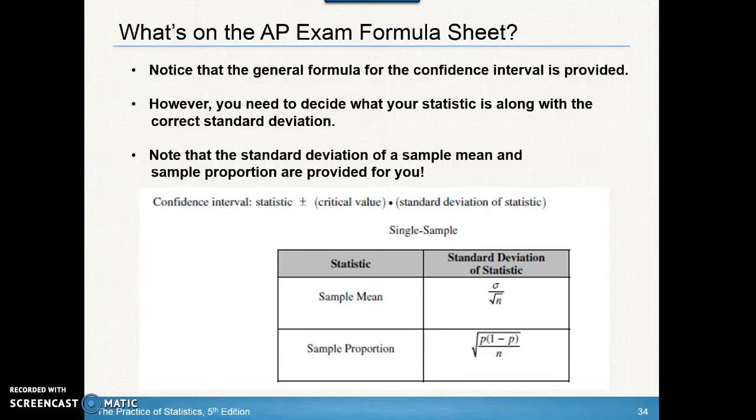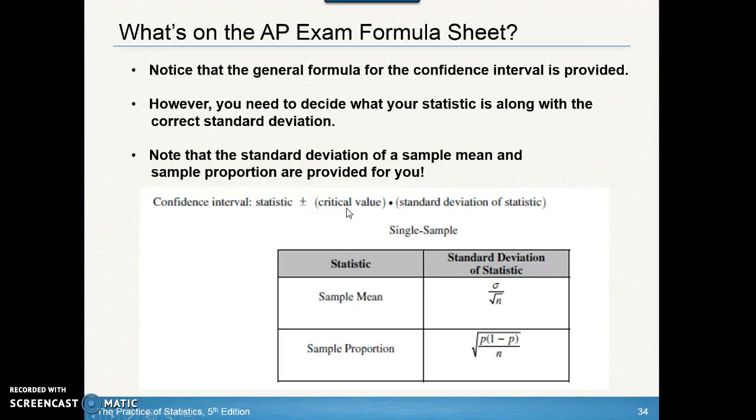All right, so of these formulas that we've talked about in this section, what is on the AP exam formula sheet? Number one, the general formula for the confidence interval is on the formula sheet. Your statistic plus or minus your critical value times the standard deviation of the statistic. You will just have to decide, A, what is your critical value?